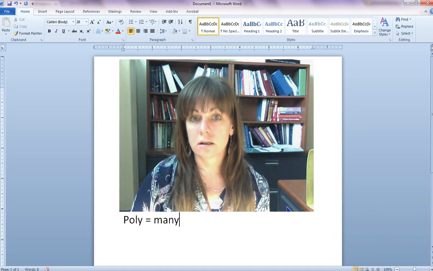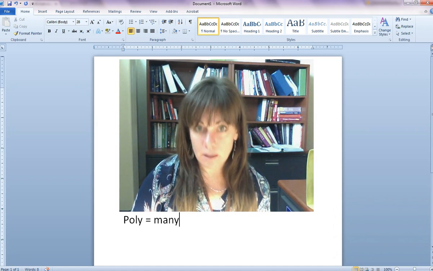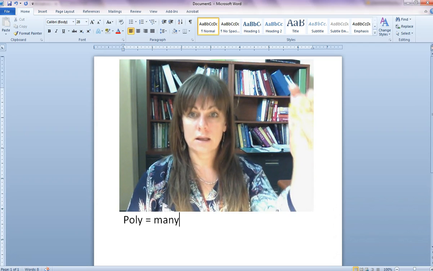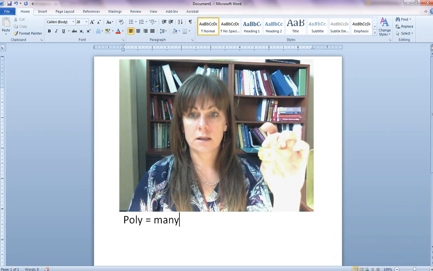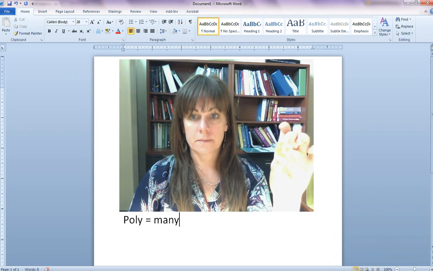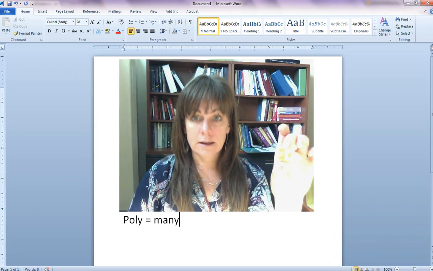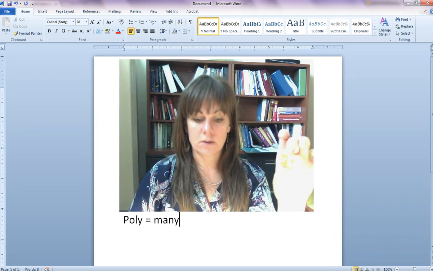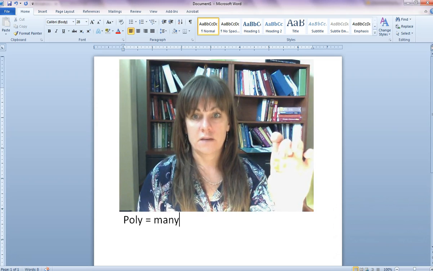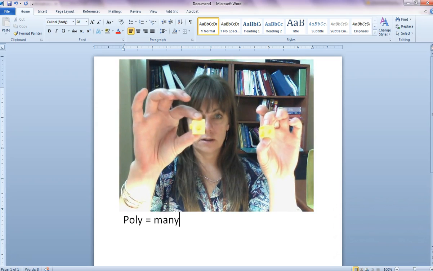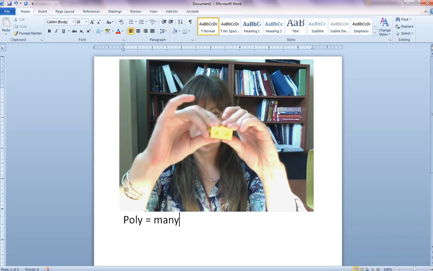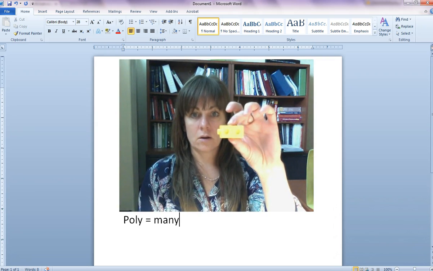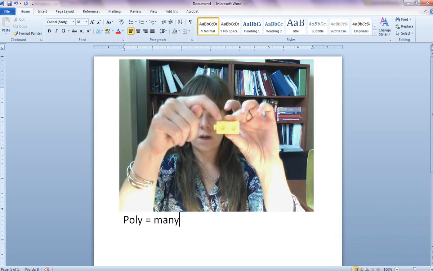Okay, so what happens is to build each of these types of molecules, we have monomers, which are individual subunits. So I could think of this yellow building block here, this yellow toy, as a monomer. It's one subunit. Now, if I take another monomer, okay, and let's say that I smush them together, well now, do I have just one building block?